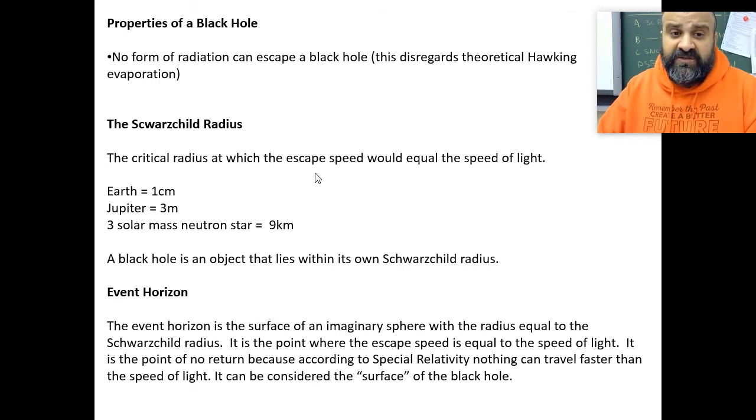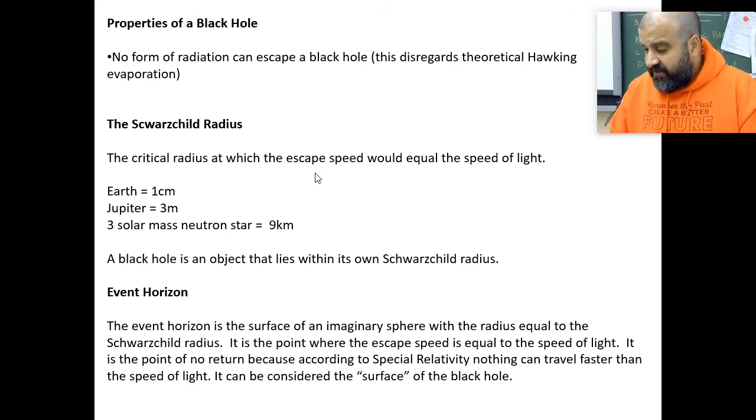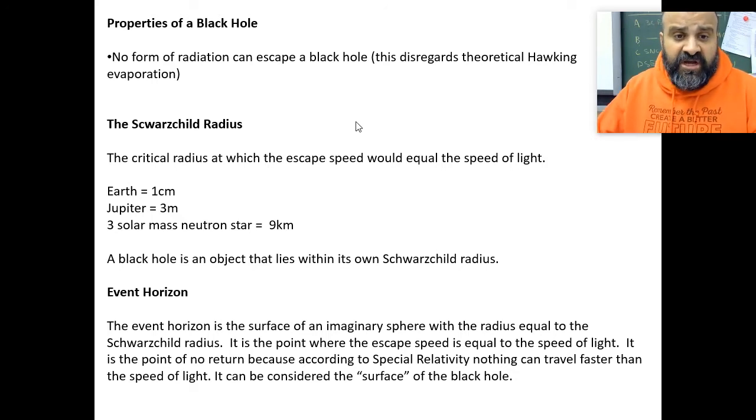The next topic to discuss about black holes is the Schwarzschild radius. Schwarzschild, a physicist, did some maths and came up with this idea. The Schwarzschild radius is the critical radius at which the escape speed would equal the speed of light.